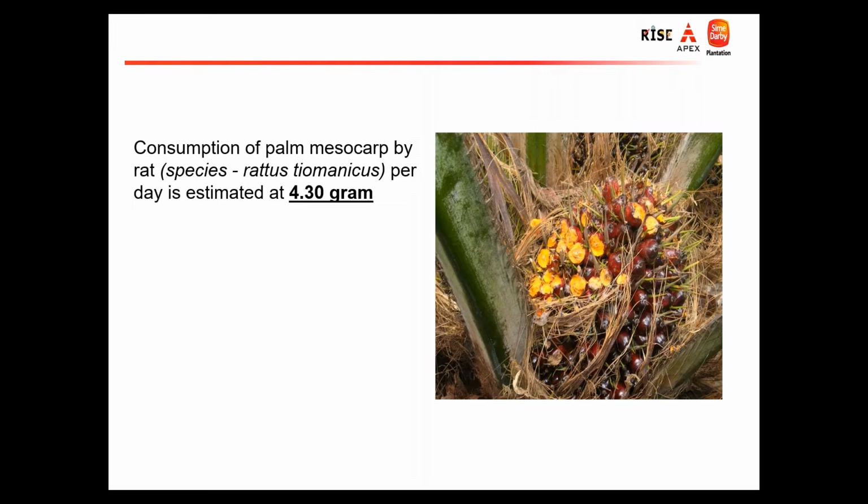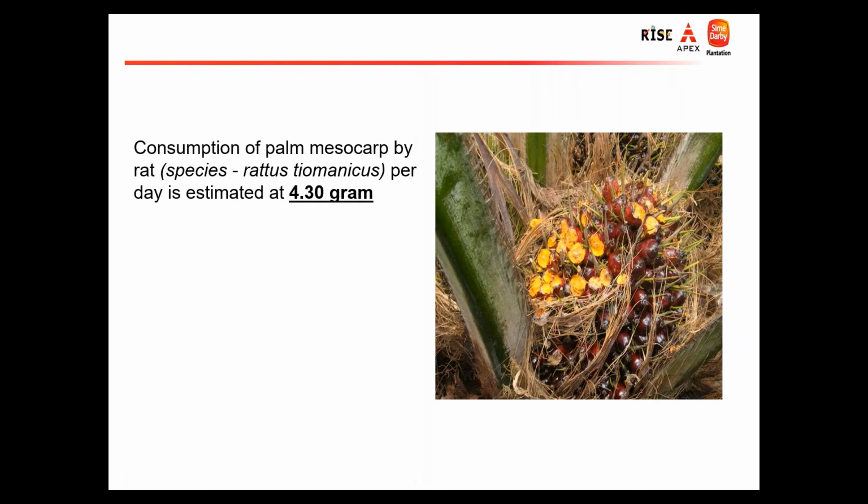I want to elaborate a little bit on the work in the 70s and 80s, where they worked on Rattus germanicus, the main wood rat. Those days they found that the rat consumed on average about 4.3 grams of mesocarp.